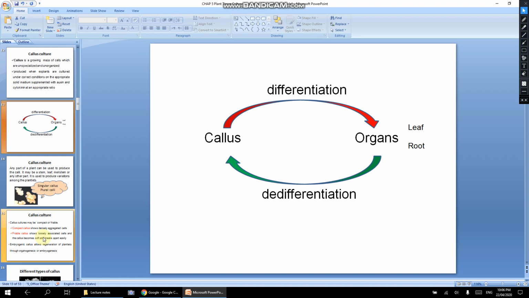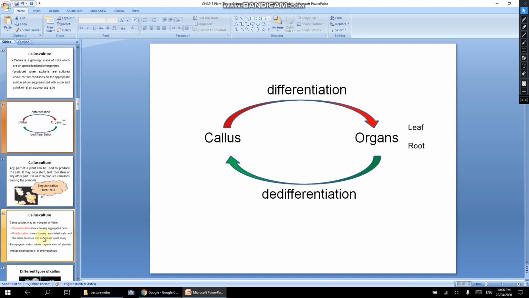So that is what de-differentiation means. Say it one more time. If you have a root and you culture it, the root cells will reverse to become nothing, and it will become callus, and the callus will become something else as it differentiates.